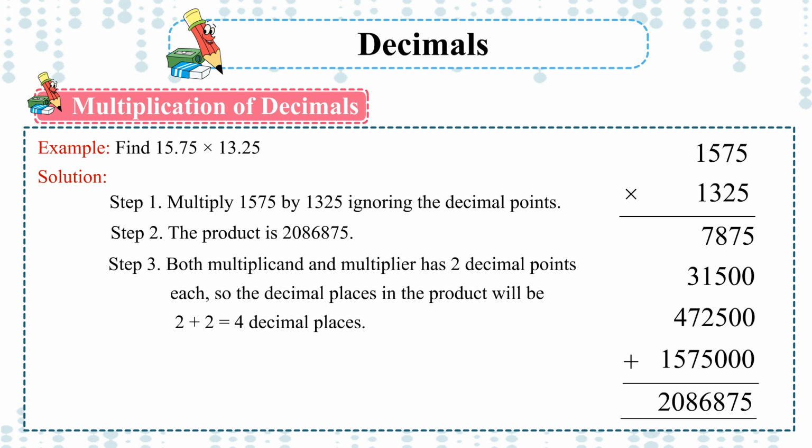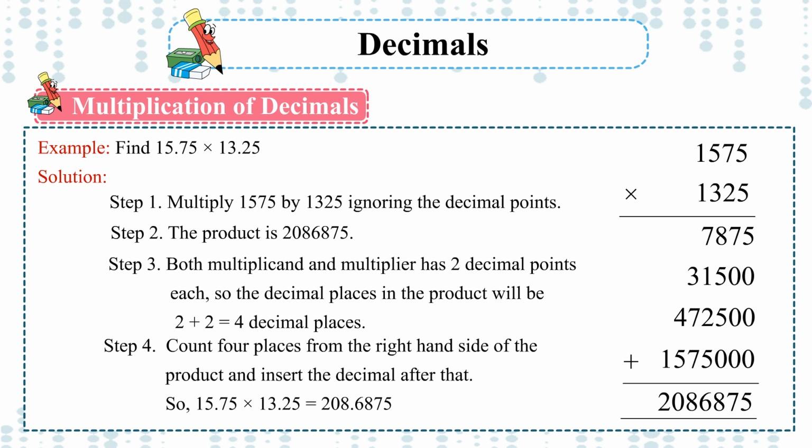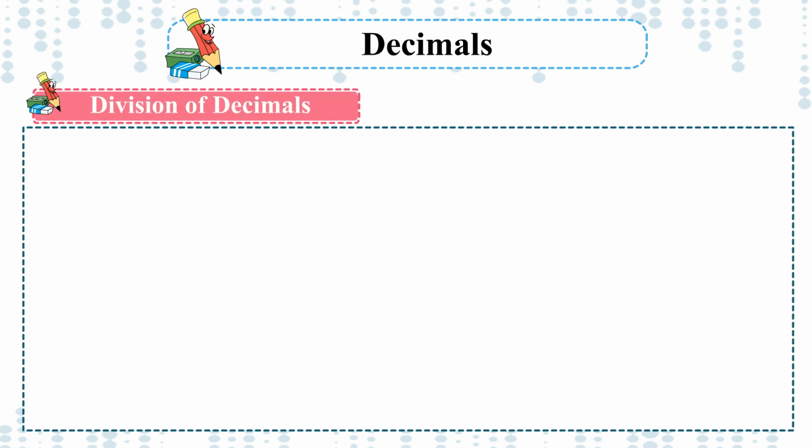So the decimal places in the product will be 2 plus 2 is equal to 4 decimal places. Step 4. Count 4 places from the right-hand side of the product and insert the decimal after that. So, 15.75 times 13.25 is equal to 208.6875.